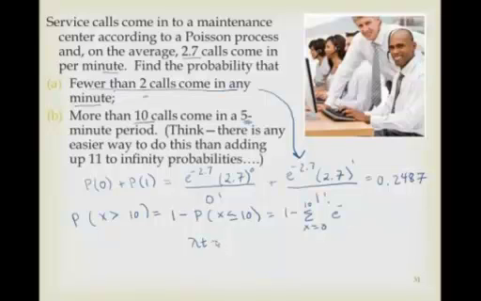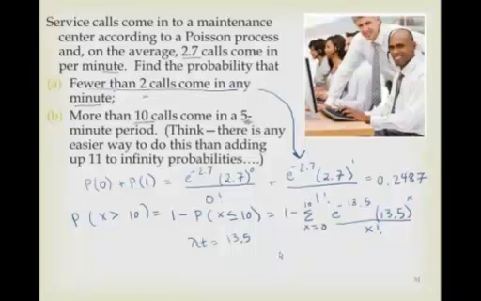We can say that lambda 2.7 times 5 is going to be 13.5. So we'll write this out as e to the minus 13.5 times 13.5 to the x all over x factorial.